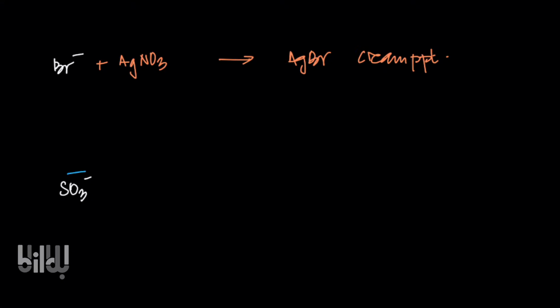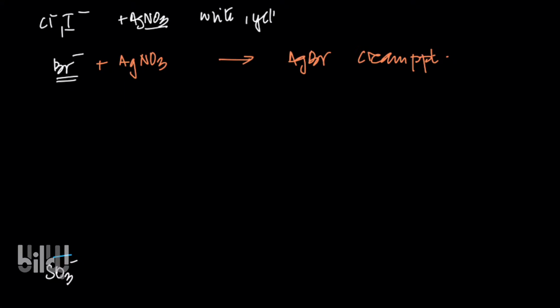The sulfur trioxide I'll talk about in a second. But the same test you have for chloride and iodide, you also have for bromide. Bromide isn't in O-Levels, but it is part of IGCSE. The difference is only that instead of just white and yellow, you can also get cream. White is silver chloride, yellow is silver iodide, and cream is silver bromide.